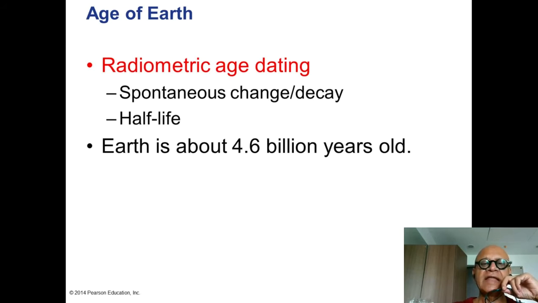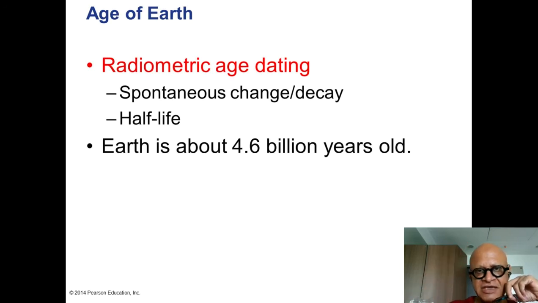So there are certain elements that can spontaneously change or decay, which means they go from one element to another spontaneously. They are called radioactive, and they have a so-called half-life, which means if you start with 100 atoms of an element that's radioactive, the time it takes for it to reduce to 50 atoms is called its half-life.